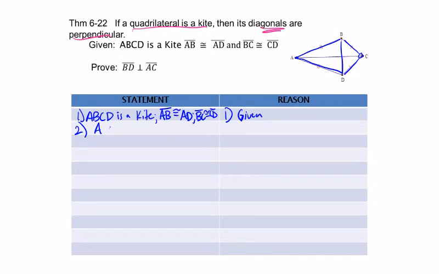Okay, so A and C are on the perpendicular bisector of BD. And we know that by the converse of the perpendicular bisector theorem.